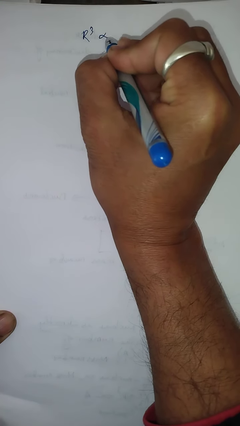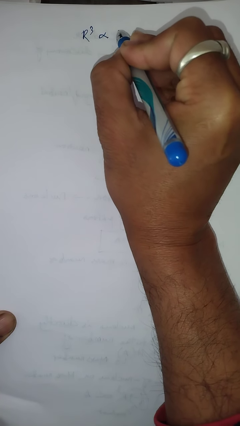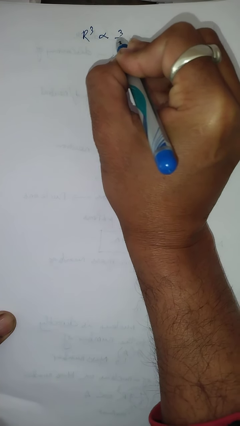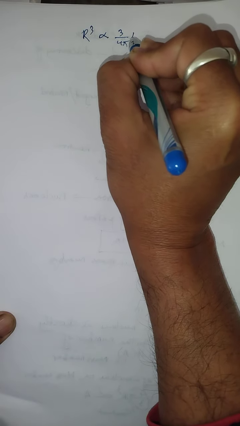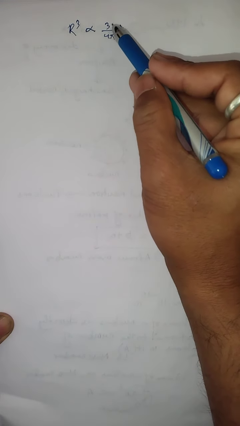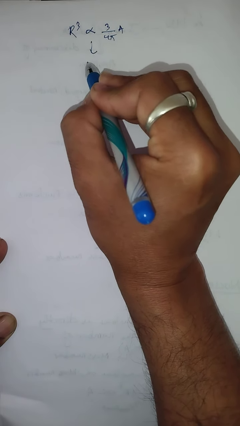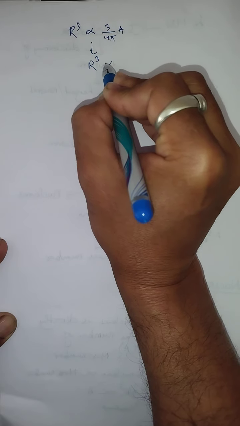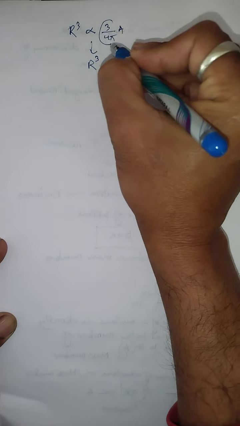Even if I write it by cross multiplying, 3 goes in the numerator and 4 pi goes in the denominator, so R cube is proportional to A only, because this is simply a constant.